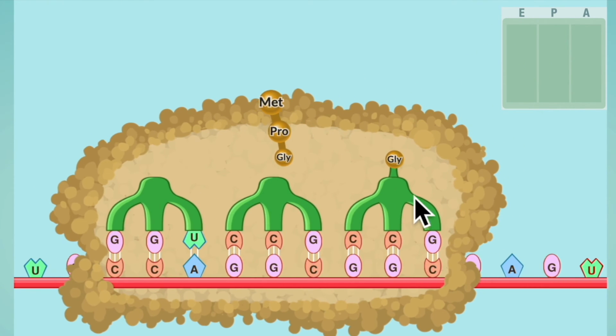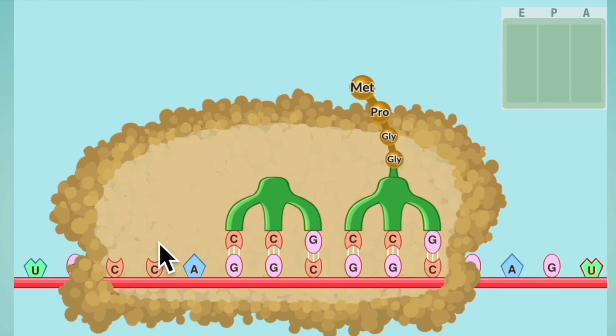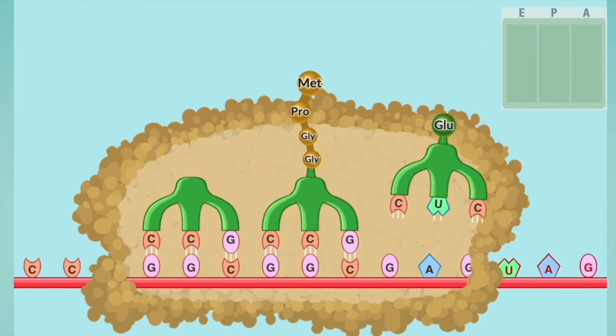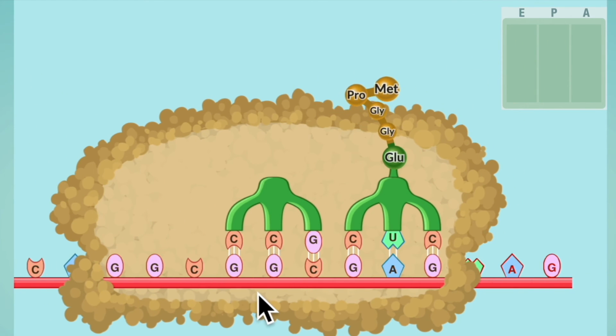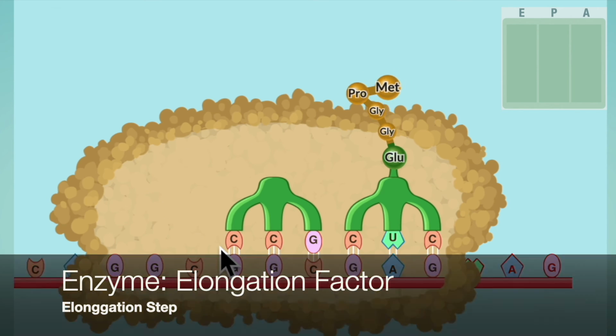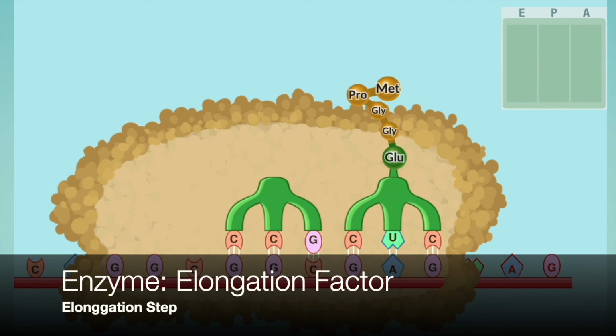The ribosome is going to move again, release the tRNA that is no longer useful, and then transfer the peptide onto the new amino acid on the A site. Alright, so the ribosome is moving again, and then we are transferring the peptide again. All of those are facilitated by the enzyme called the elongation factor.